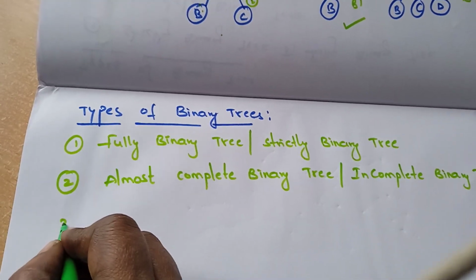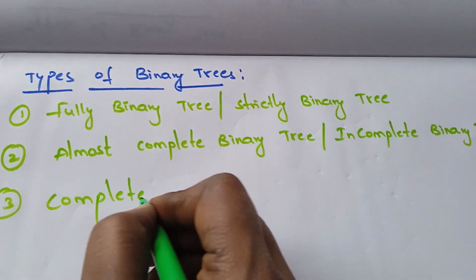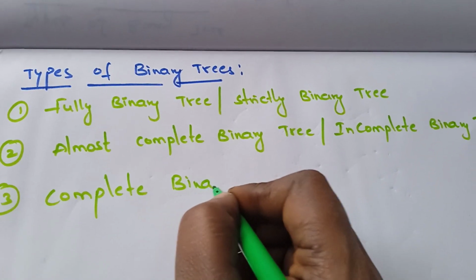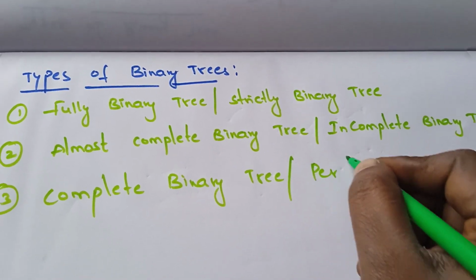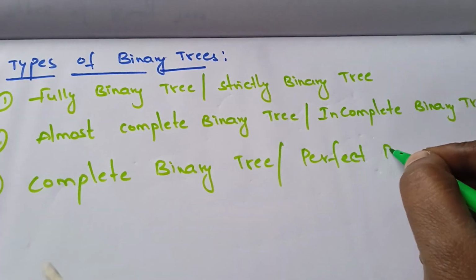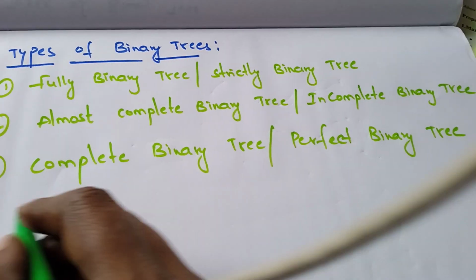And the third is complete binary tree, or perfect binary tree.